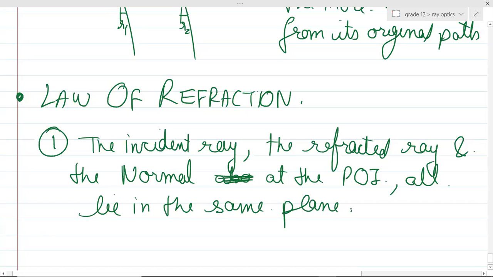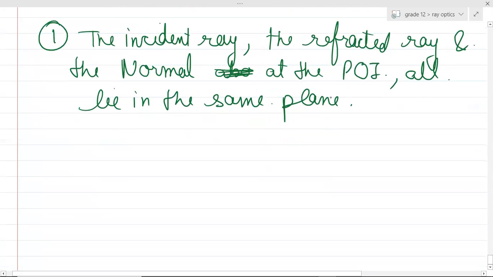the incident ray, the refracted ray, and the normal at the point of incidence all lie in the same plane called the plane of incidence, right? Yes or no? This is I, this is R. So always remember, if this is your incident ray, this is your refracted ray, and let's say this is your normal.